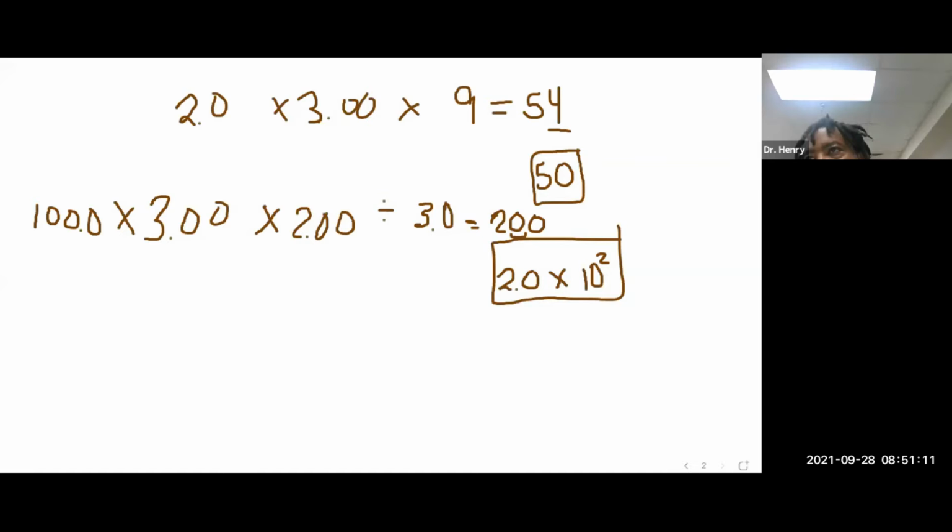Okay. So what happens when we have multiplication and division and subtraction and addition? What is that rule? You guys remember that rule? Oh, PEMDAS. Okay. So we're going to be using PEMDAS, right? Okay, so let's see. Let's say we have this.